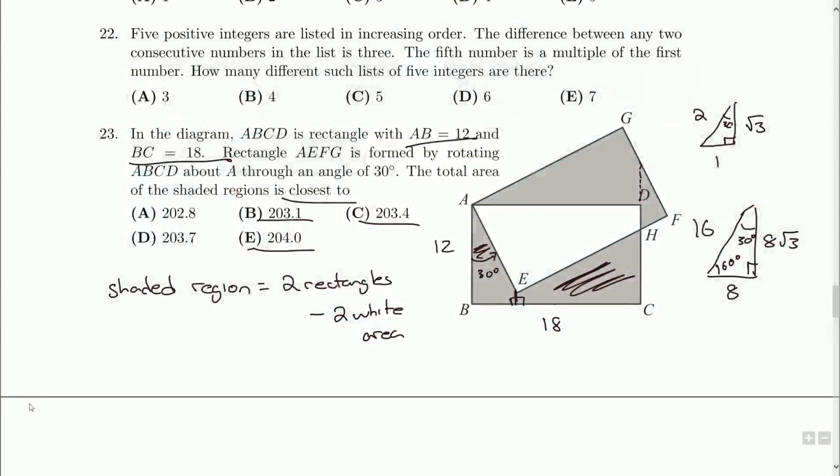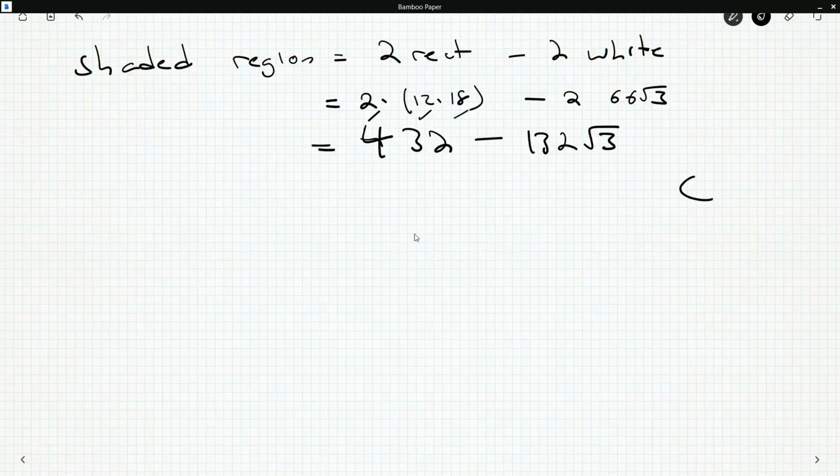Okay, so we had 432 minus 132 times root 3 here, and we'll get 203.36. And if we go back and look at our possible answers, we'll see that we have, I guess we rounded up, and that's going to be an answer of C, 203.4. So that's going to be my final answer.